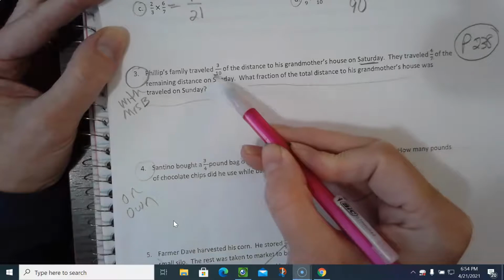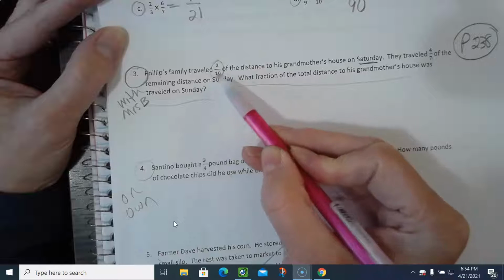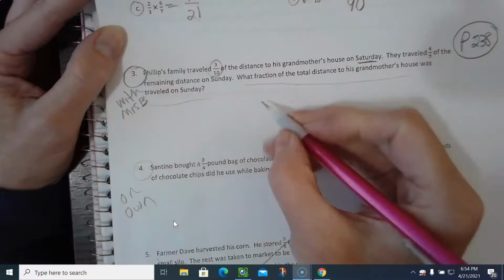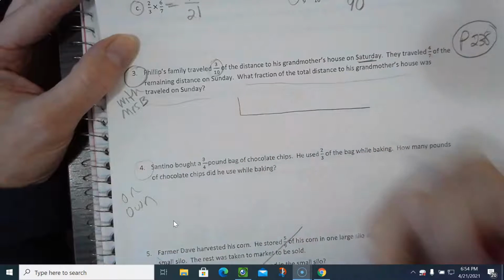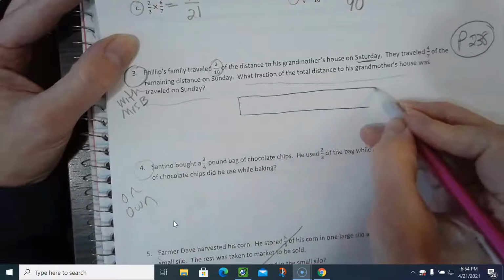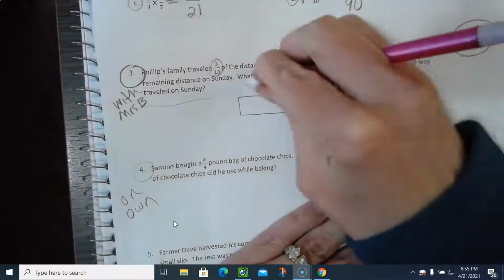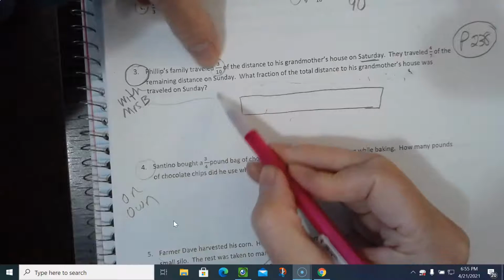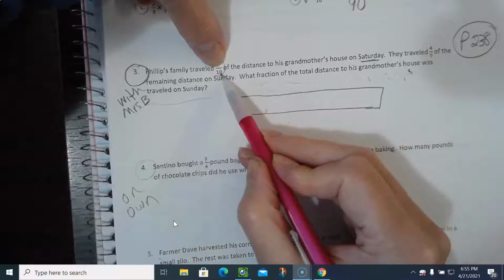So I know that the total distance that they're traveling has to do with this 3/10 of the trip. So what I'm going to do is draw myself a little tape diagram to help me with this. So please draw that little tape diagram right here. And I know that the total amount of traveling that they did has to total tenths.